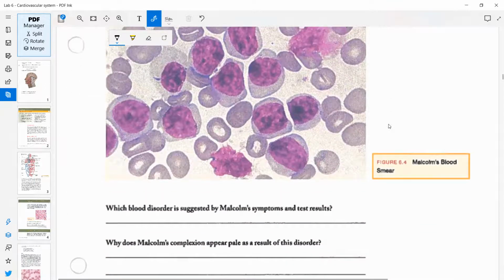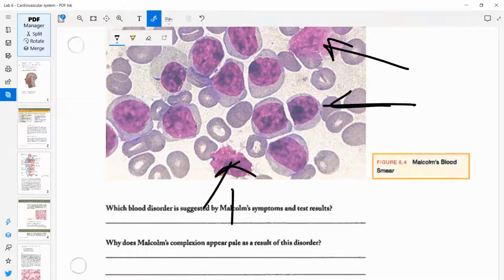proper composition of red blood cells. So here we have a lot of abnormal white blood cells, and the condition is leukemia.